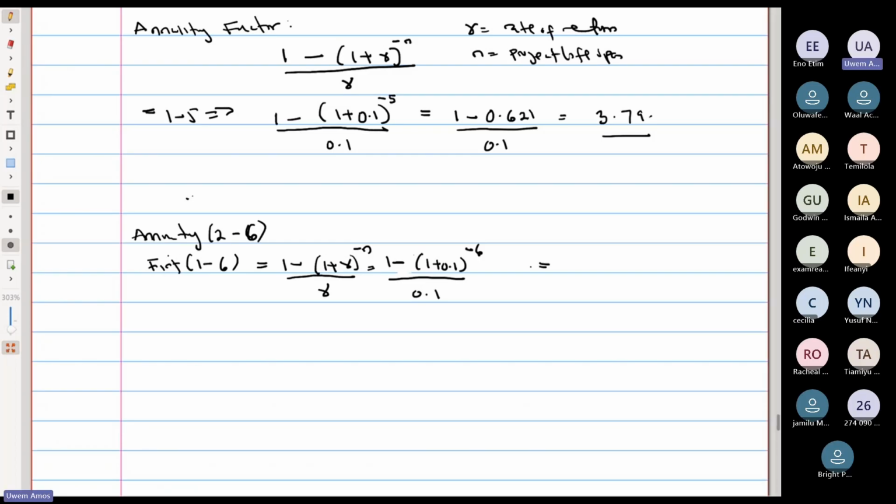Whenever you're calculating the annuity factor, it is for the entire period from 1. So if n equals 4, that's basically 1 to 4. If n equals 10, that's 1 to 10. If n equals 20, that's 1 to 20. So that's something to take note of.